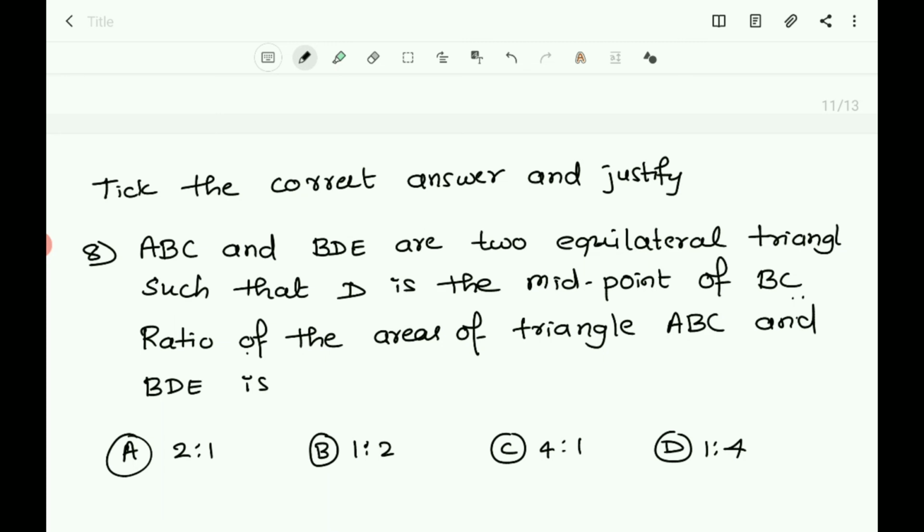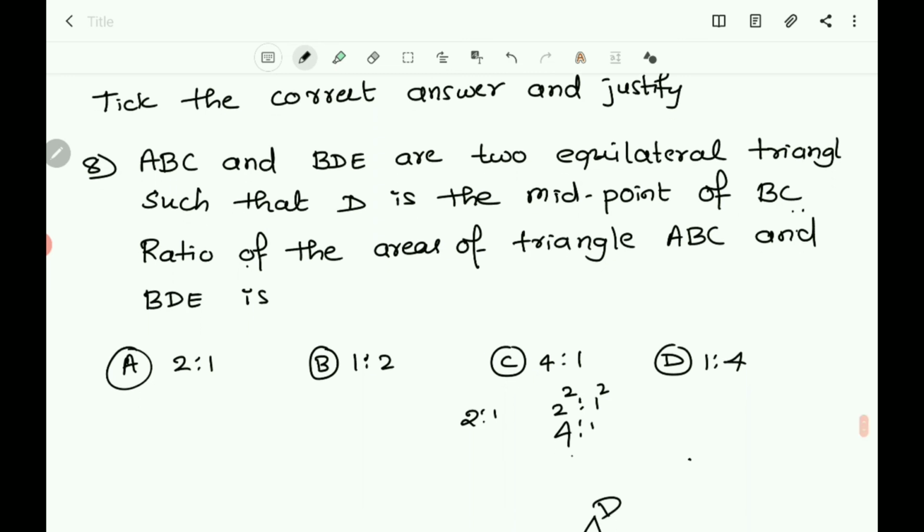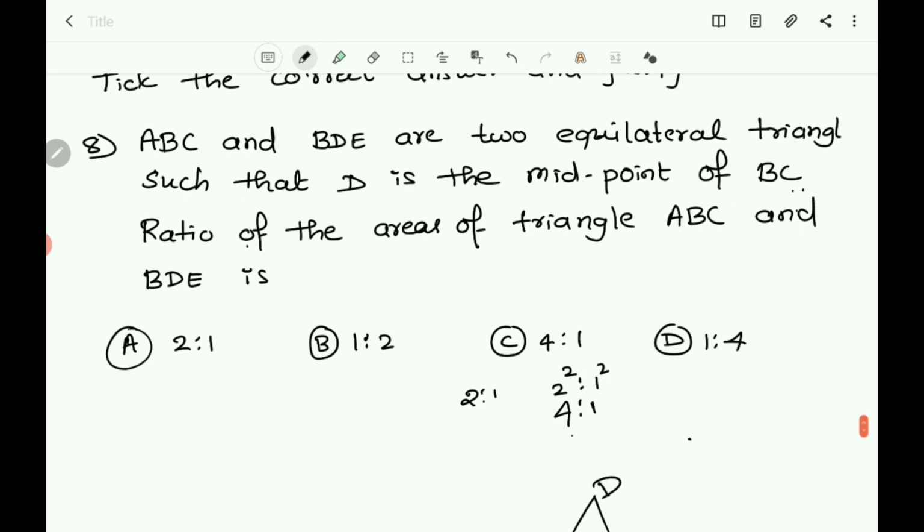Here you know that equilateral triangles are always similar and their sides are proportional, and D is the midpoint of BC, which means the sides of the triangle BDE are half the sides of the triangle ABC. So the sides are in the ratio 2:1 and the areas will be in the ratio 2 square is to 1 square, that is 4:1. So the ratio here is 4:1.